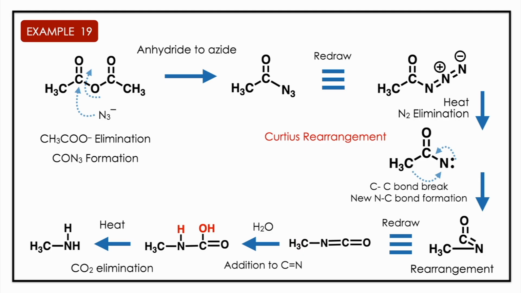Reacting with H2O means it forms an addition reaction with nitrogen and carbon, and heating leads to CO2 elimination. As we discussed, carbon with many heteroatoms leads to CO2 removal, ending up with amine. Here you just see the starting material is anhydride, the product is amine, a completely unusual, unexpected product. The concept you outline here is you should master the organic conversions before getting into any rearrangement reaction.